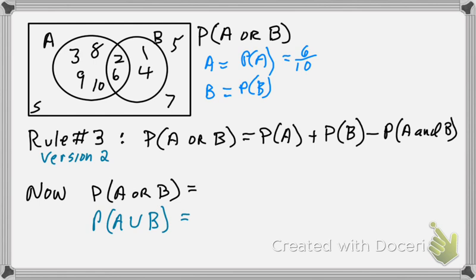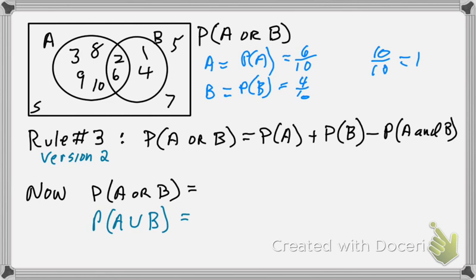Here's B. So 4 out of 10. And so the probability of A or B, I'm just going, oh, that's an addition thing, so I add them together and I get 10 out of 10, which is 1, which says if I draw something out of the sample space thousands of times, every single time, I'm either going to get something in A or B. Is that true?